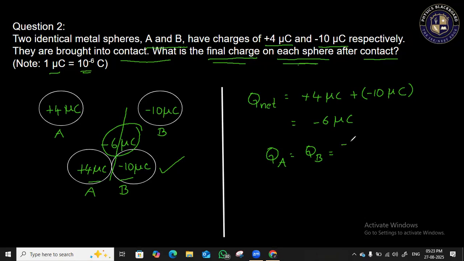You can write minus 6 microcoulombs by 2. The two spheres will share it equally. So what you get is minus 3 microcoulombs as the final charge of each sphere. Further, it can be written as minus 3 into 10 power minus 6 coulombs. Done?